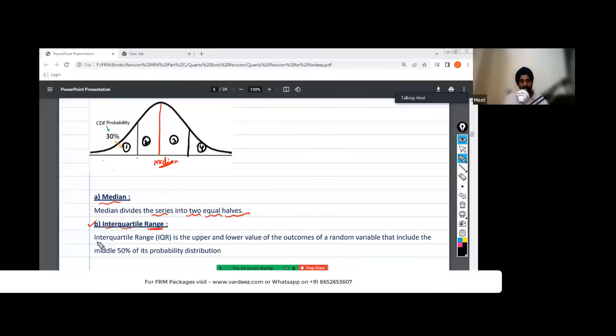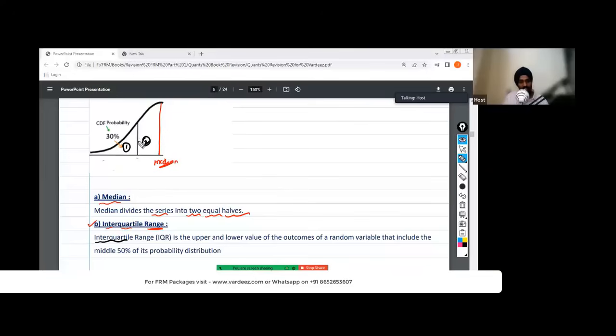Out of these quartiles, the inter means within the median itself. If I just have to show you, this is 50% of the data, which the median has divided.